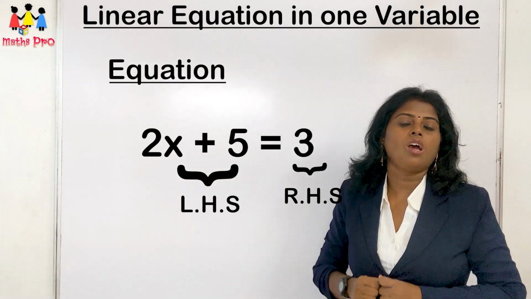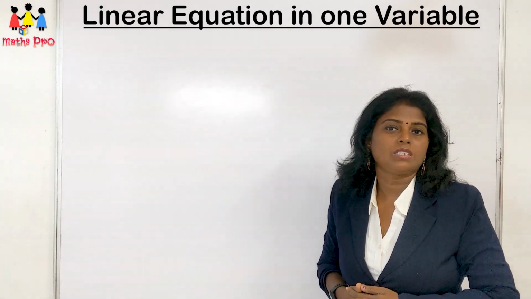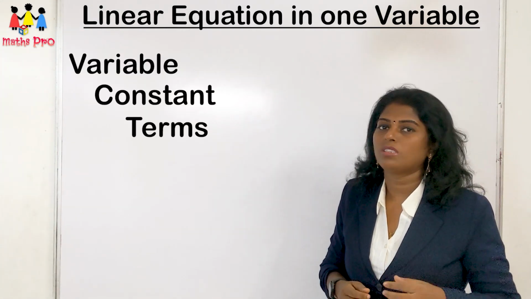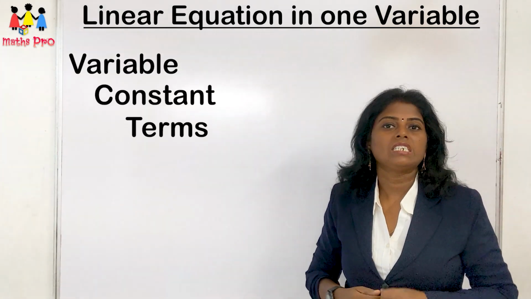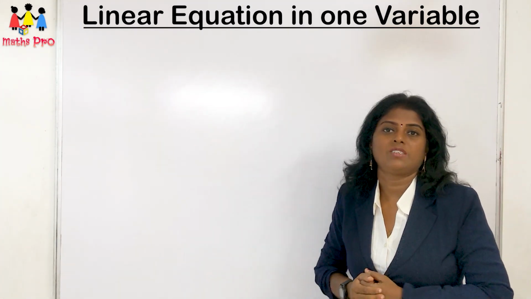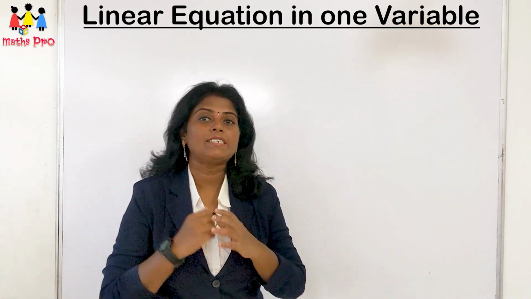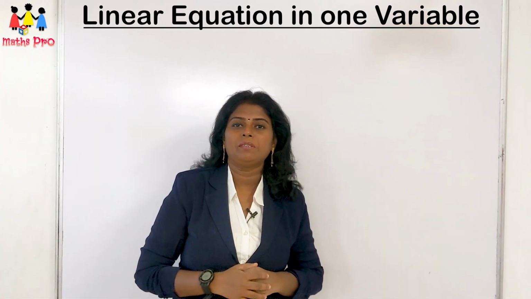Okay. So now we have a clear idea about what is meant by variable, constant, terms, expression and finally equation. Now we are going to see linear equation in one variable.